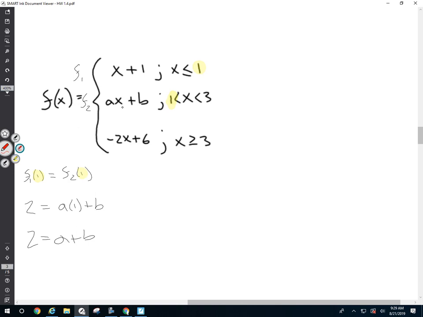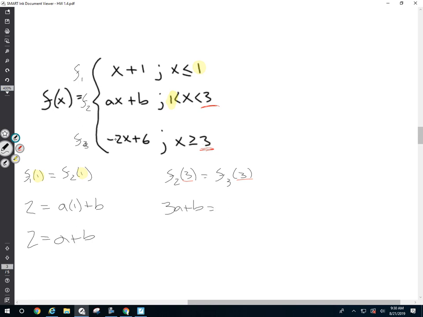Then the second piece at 3 will need to meet up with the third piece at 3. So f little 2 at 3 will need to meet up with f little 3 at 3. Now, plugging in 3 into the second piece, I get 3a plus b.